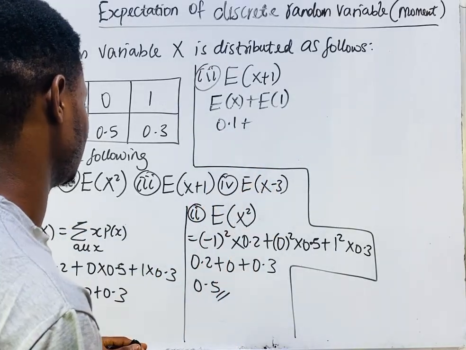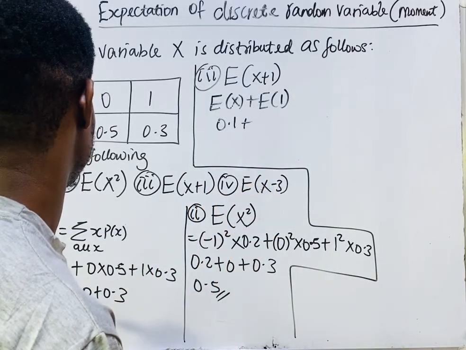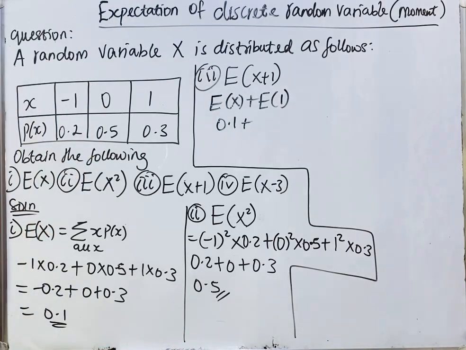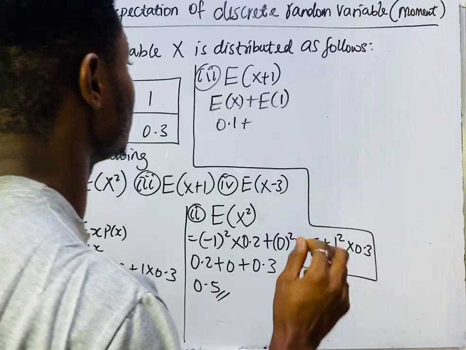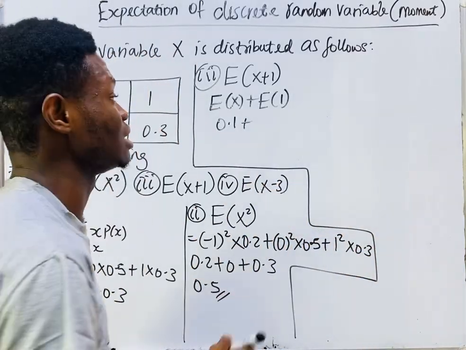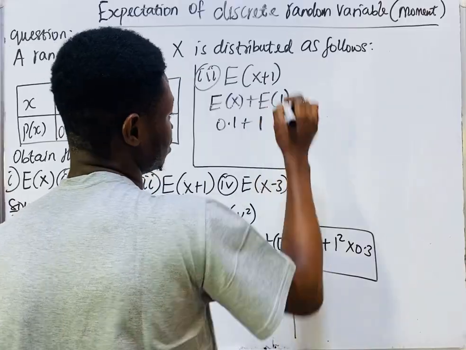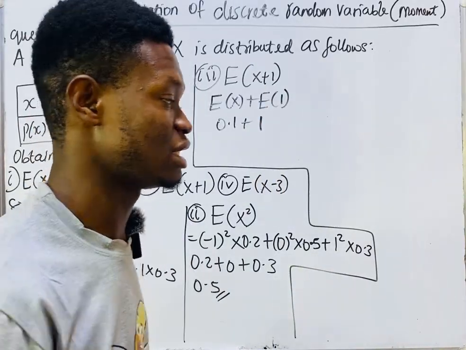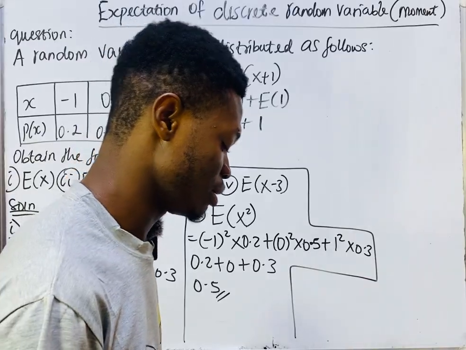Have you solved any expectation of 1 before? Okay, remember that the expectation of a constant, which is 1, is still the same thing as 1. So you have to bear it in mind. The expectation of a constant is still the same thing as the constant.